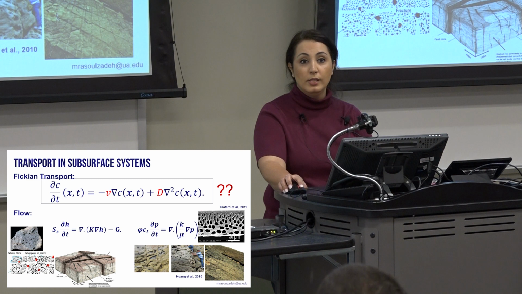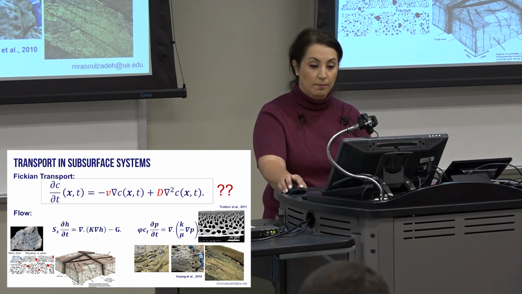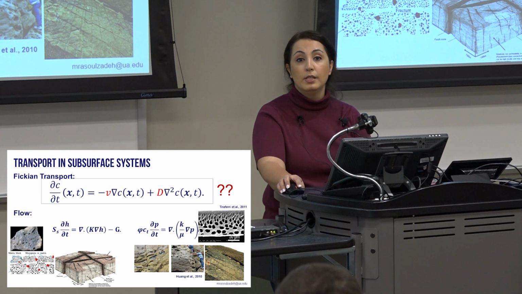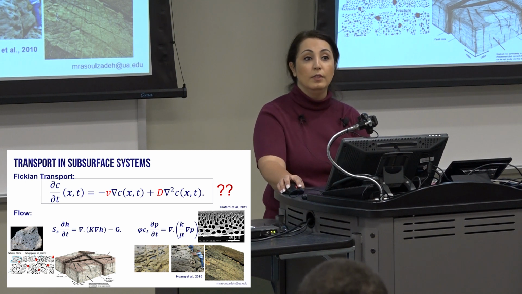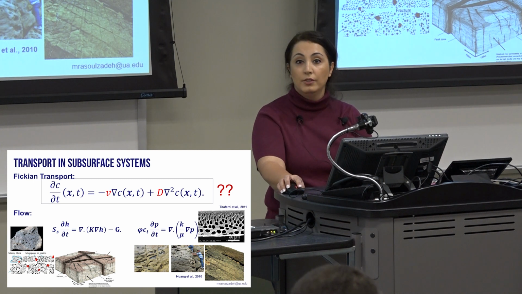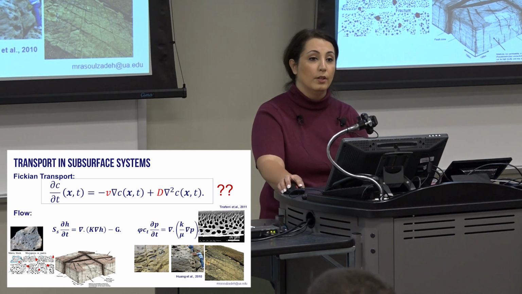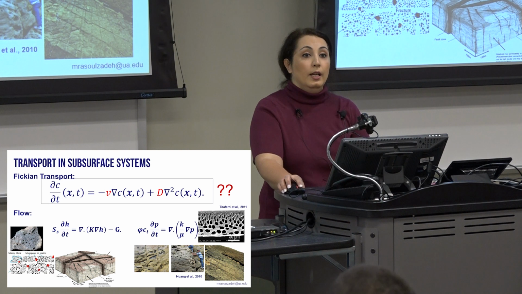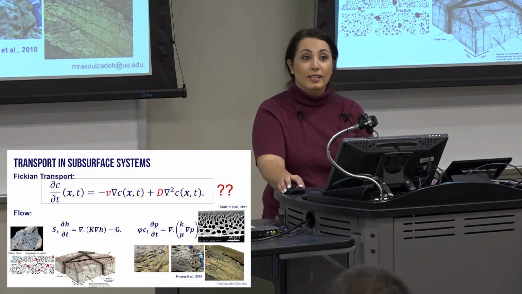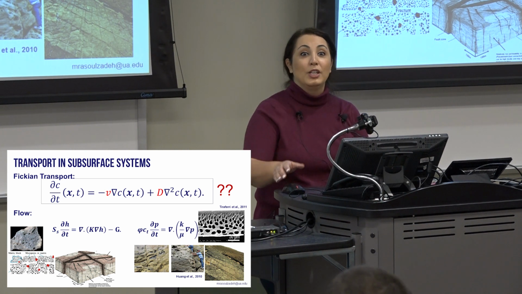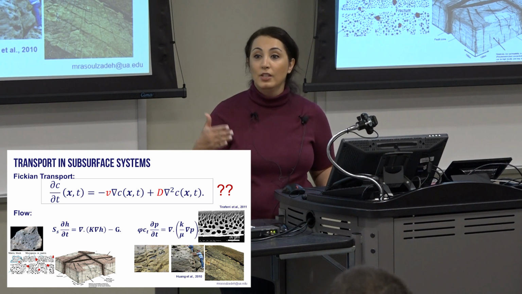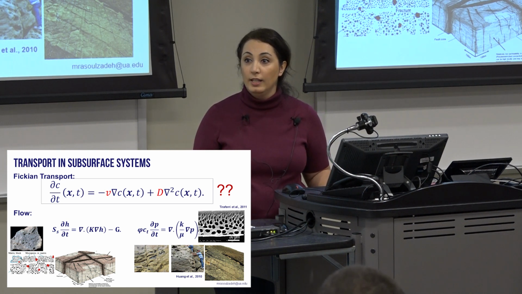What are our choices to deal with these media? First of all, the medium properties like hydraulic conductivity or permeability are not constant. They change drastically from one location to another, which means that we have a multi-scale velocity distribution in the medium.